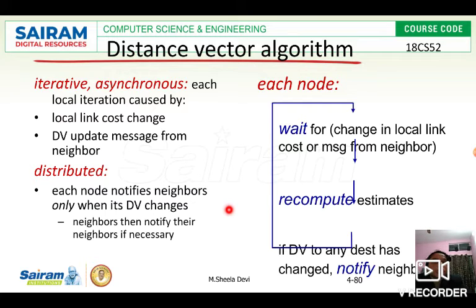If you take x to z, if I find any minimum path from the new information given by my neighbor, I will update. But if it is greater than my entry, then I will not update. If I am updating, then I will also inform all my neighboring nodes.